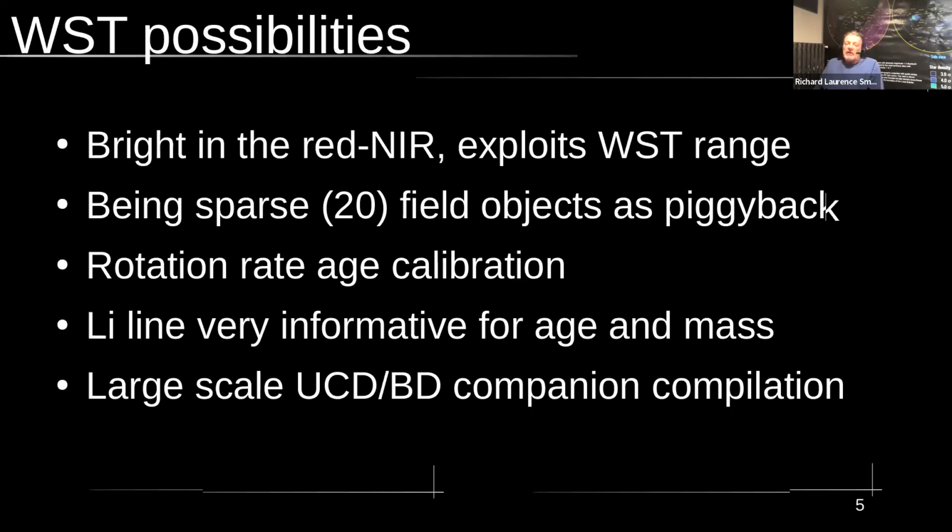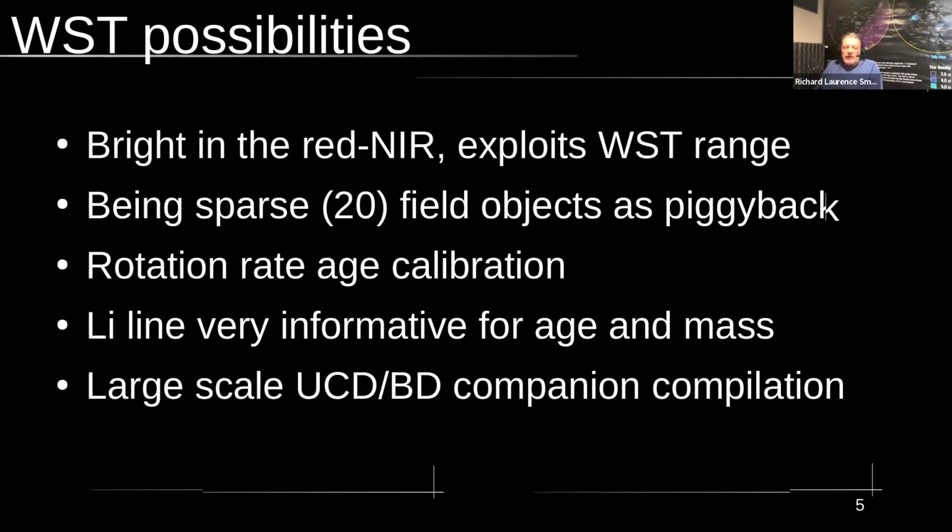So it's not going to use up all of the WST fibers, but it could be very useful as a piggyback kind of project when you're looking at other objects. You can throw in the 20 or so ultra-cool dwarfs or brown dwarfs that are in there.